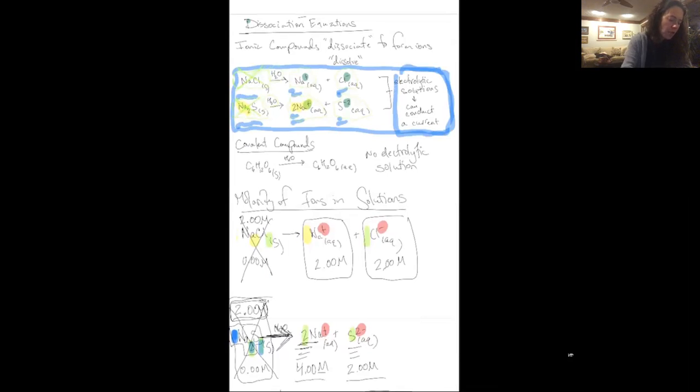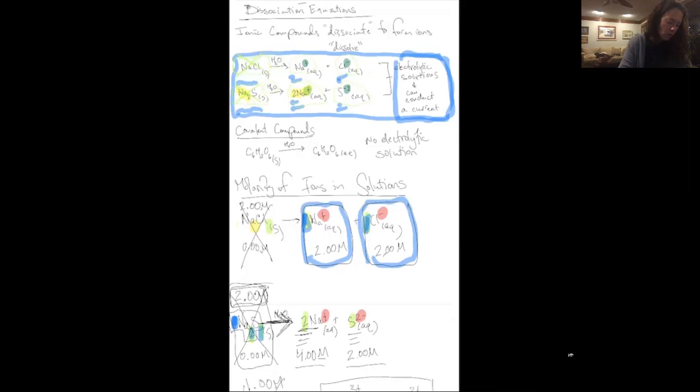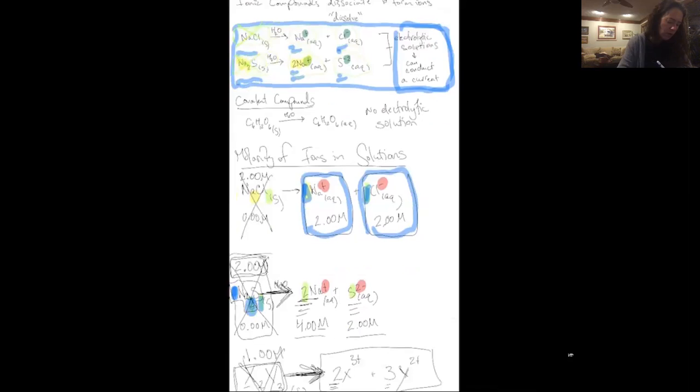Because they dissociate into their respective ions and they're balanced, the concentration of the ions in the solution is determined by the number of moles of those ions present, which is in effect determined by the subscripts of the element in the compound. I'm feeling like I'm making sense. If not, I'll be happy to elaborate, okay?